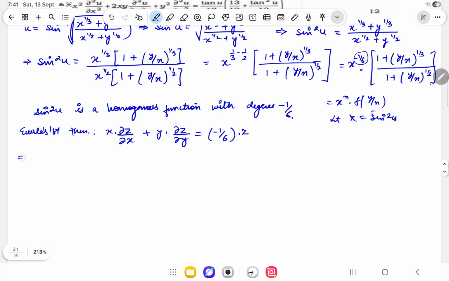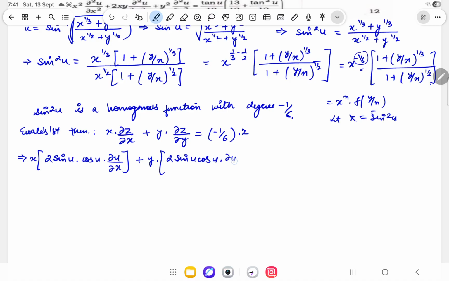So from here I'll get x into del z by del x will be basically 2 sin u cos u into del u by del x plus y into 2 sin u cos u into del u by del y equals minus 1 by 6 into z, that is sin²u.